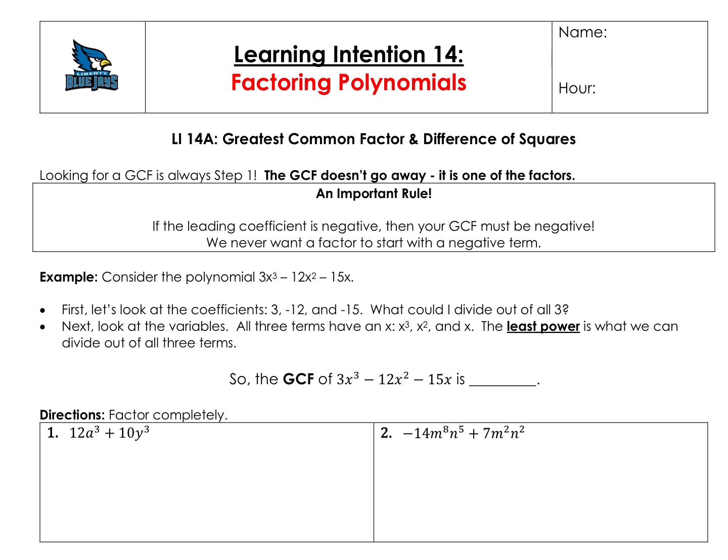If the leading coefficient is negative, then your GCF must be negative because we never want a factor that's left in the parentheses to start with a negative term. So if you have 3x to the third, negative 12x squared, and negative 15x, they all divide by 3.